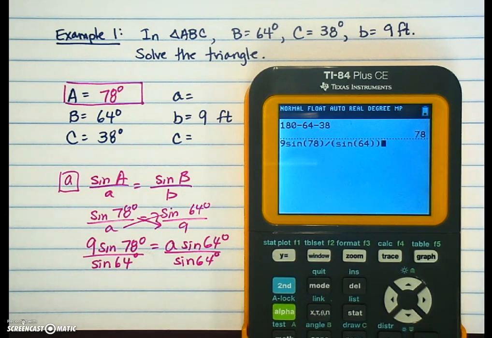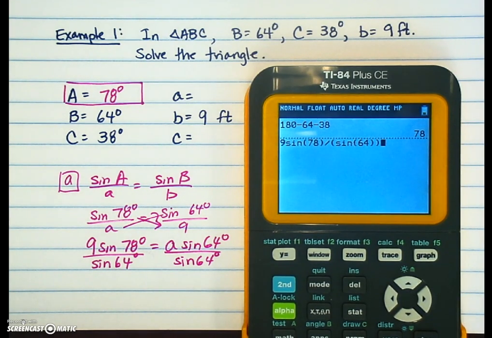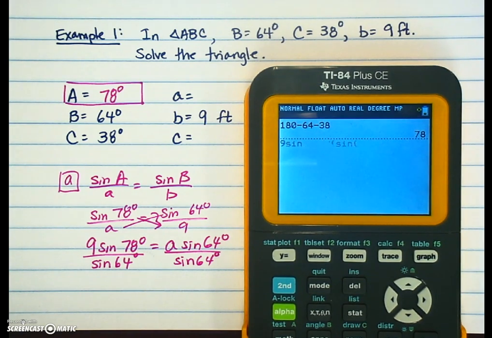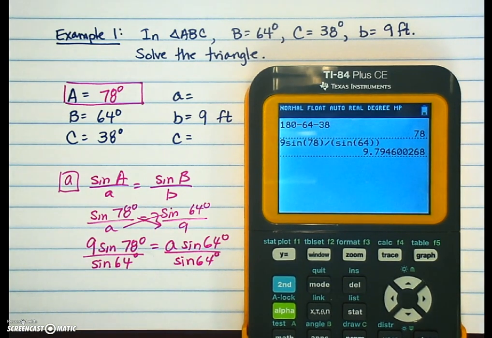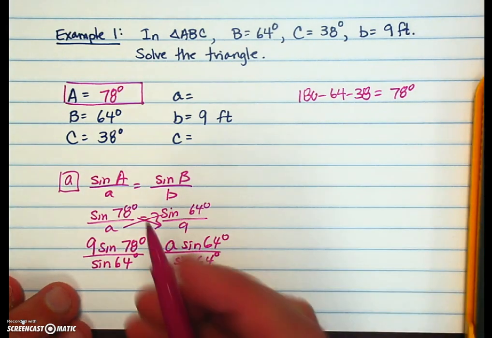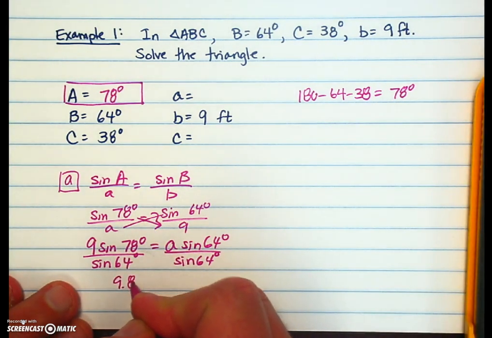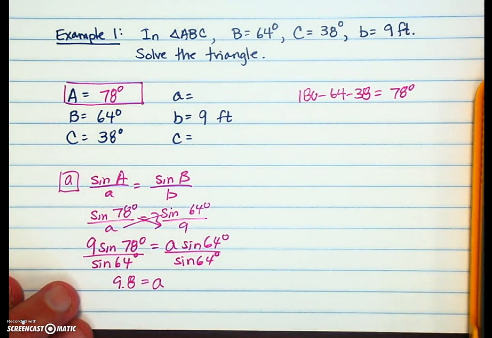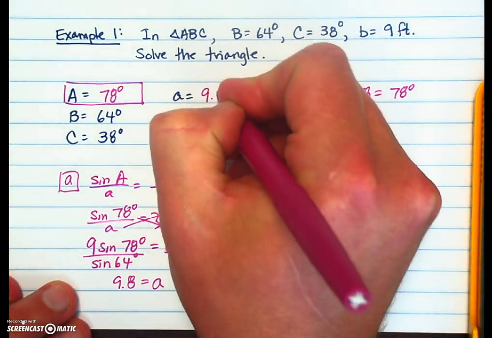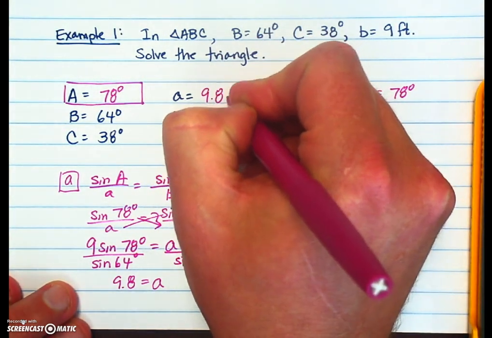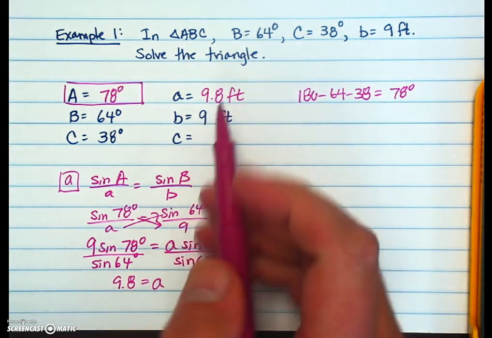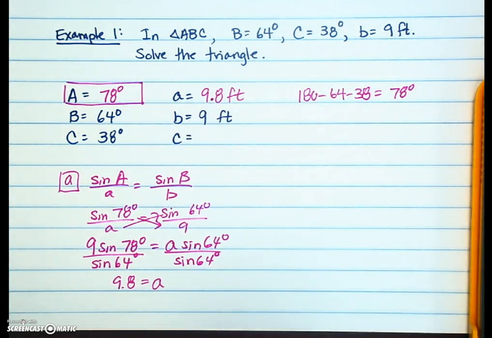You don't really have to, but I like to get in the habit of doing that. That comes out to 9.794, but we're going to round to one decimal place, so that's 9.8. So a is 9.8 feet, and notice that answer is really in line with my other side of 9 feet.